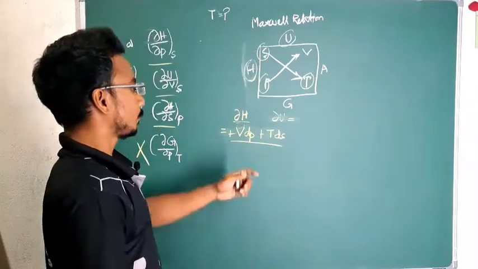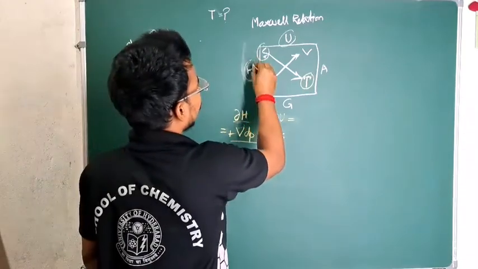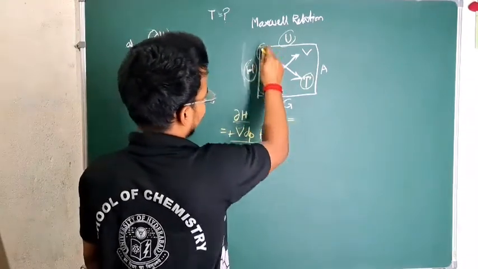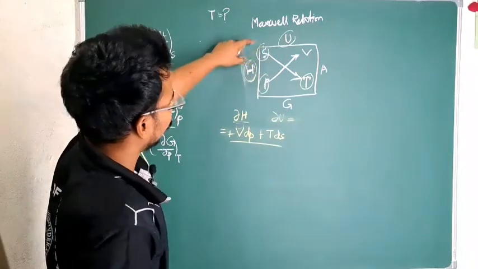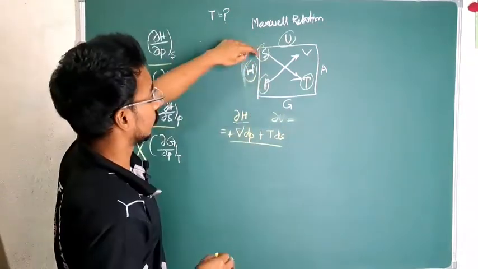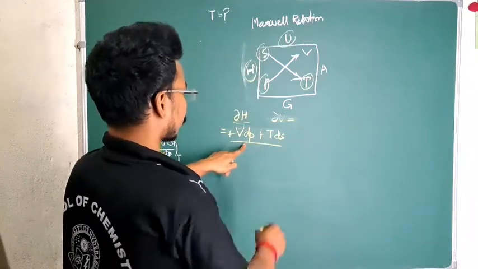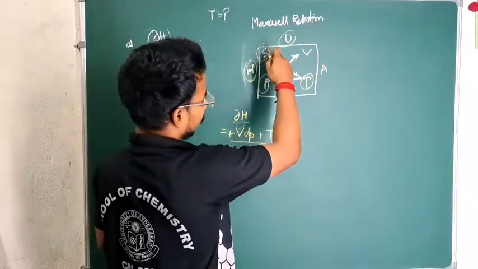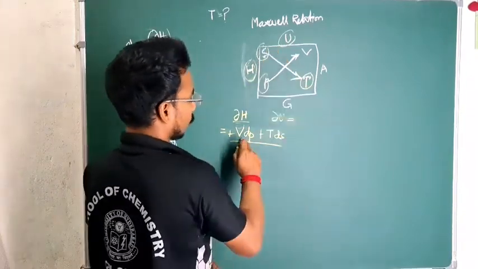So we are considering H now. H is related to S and P. It is near this side. So we have to write first dS and dP, and the arrow is going from S and P, so both will be positive sign.